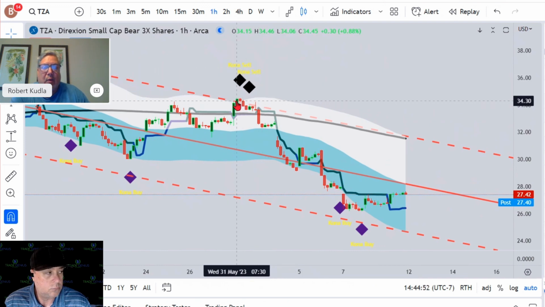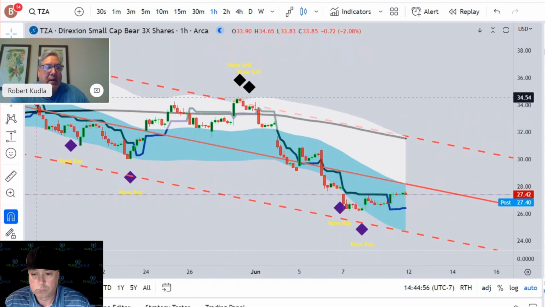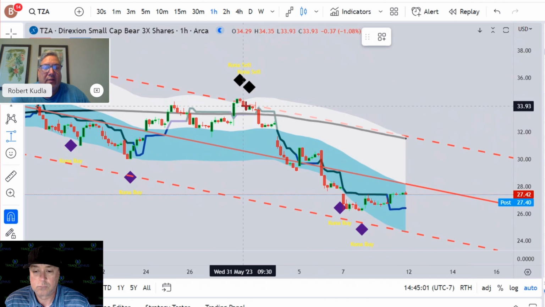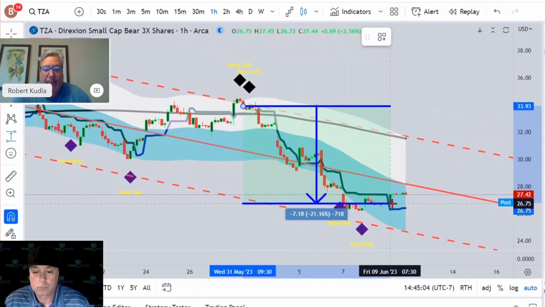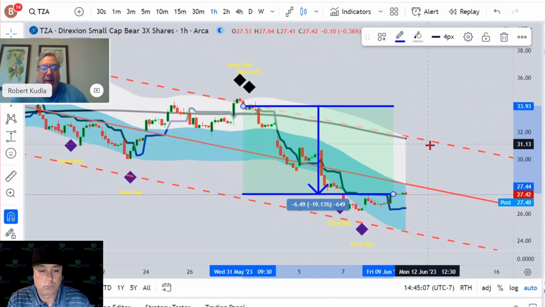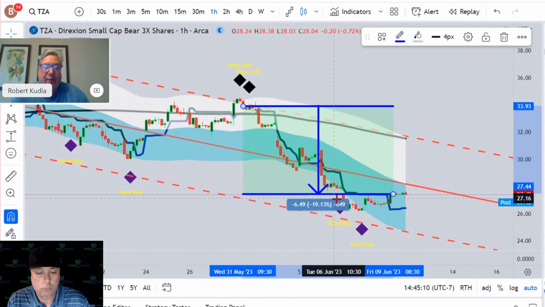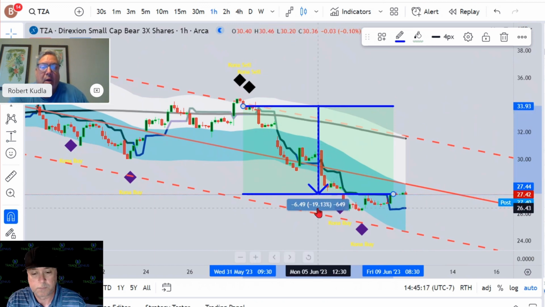You could have bought puts here, and you'd still be riding that trade down to about here. So that trade would have given you that first Kona hit. Let's say you shorted it here and got out here. That trade was a 19% trade if you shorted it, plus you have leverage with options. So this would at least give you a double, if not maybe a 200% gain on your trade.